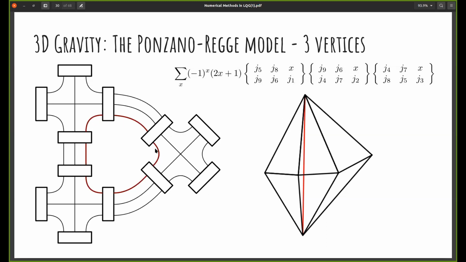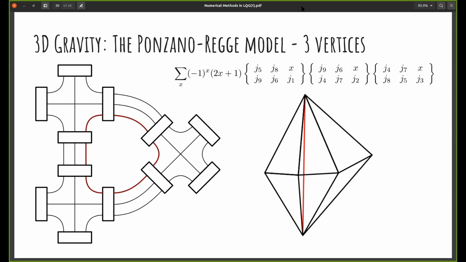So it's an internal face that here I highlighted in red. And at the level of the triangulation it corresponds to the segment that is shared by all 3 of these tetrahedra, so all the 3 vertices.